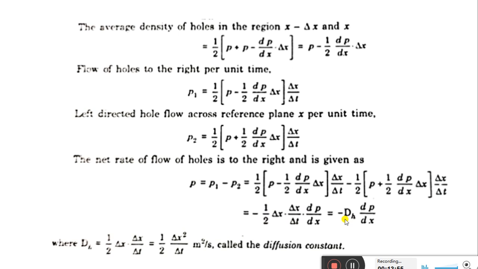So we can write minus DH dp by dx, where we have defined DH as half del x into del x by del t, that is half del x square upon del t, meter square per second, and this DH is called the diffusion constant. Since we are going to find out the diffusion current, this is called the diffusion constant.